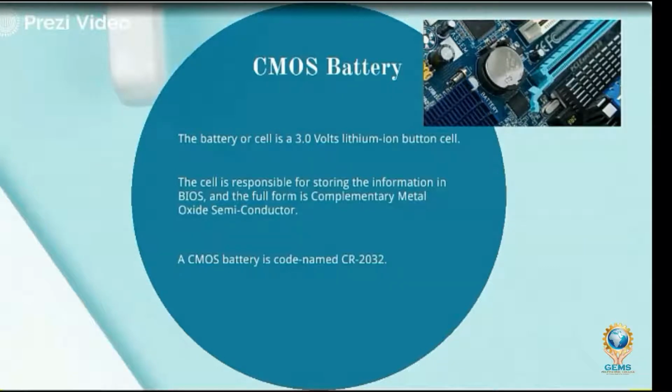CMOS technology is used for constructing integrated circuits, generally called IC chips, including microprocessors, microcontrollers, memory chips, and other digital logic circuits, and replaced the earlier transistor-transistor logic, meaning TTL technology.